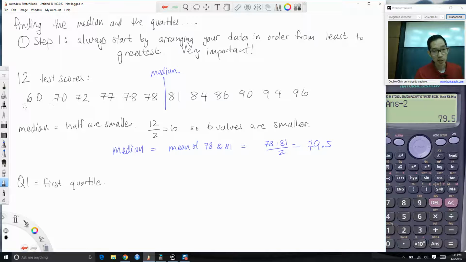So I'm going to take these 6 numbers here and split these in half. So we're going to find the median of the lower half. Make sense to everybody?